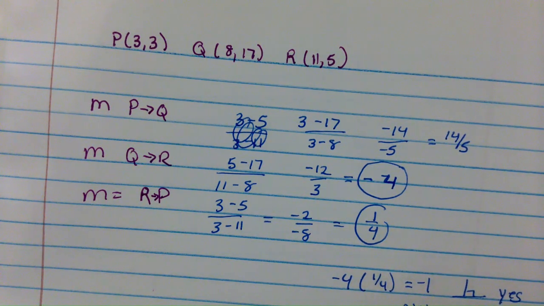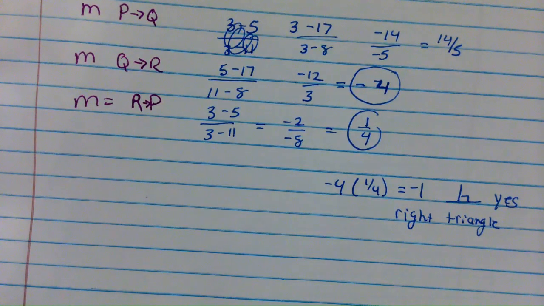So if they ask you to verify whether something's like a rectangle or something, you just need to make sure that you are verifying that you have perpendicular sides, or that your slopes are multiplying to negative 1. So parallel, your slopes are the same. Perpendicular, your slopes multiply to negative 1.